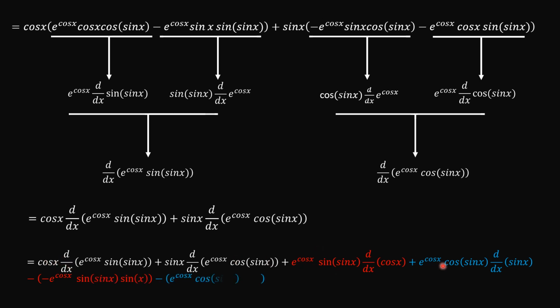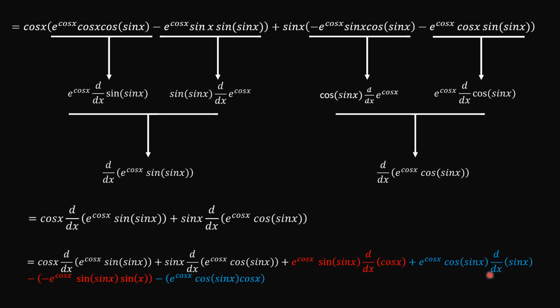And then the second thing we could also do is add e^cos x cos x times the derivative of this sin x here. And then in order to cancel out this term, we subtract this value here. The derivative of cos x is minus sin x, so we subtract that component.